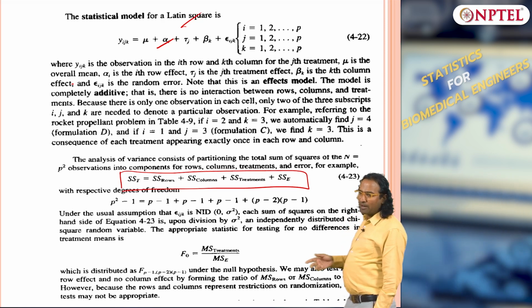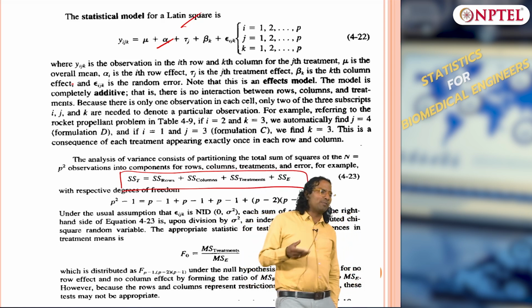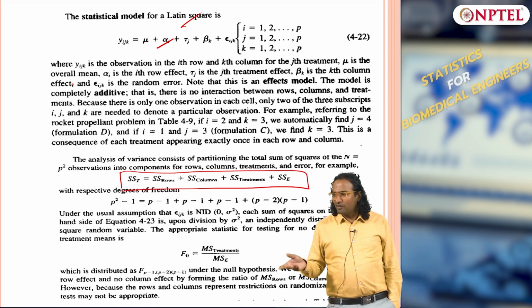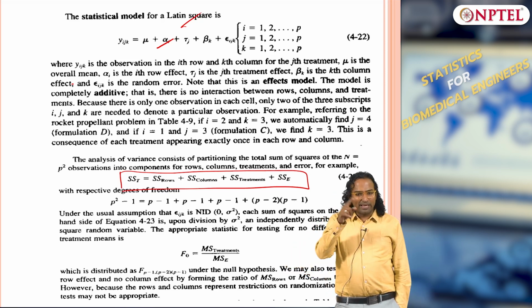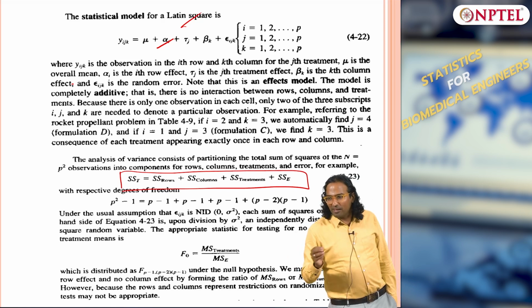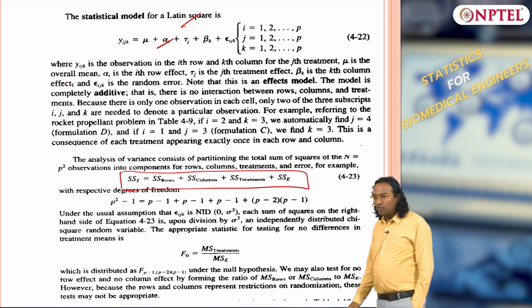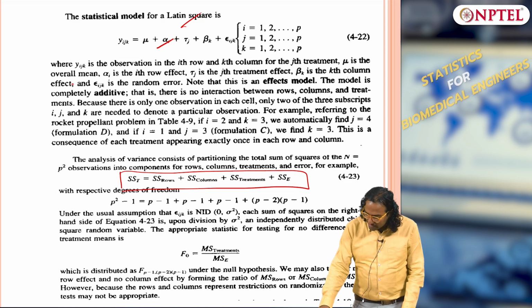So 3p parameters, so 3p plus 1, and that will also depend on the square design itself. If you take a 4 cross 4, it is going to be 13, for 5 cross 5 it is going to be 16, etc. The P is the size of the Latin square itself. So you have 3p plus 1 equations, and your F statistic is going to be again mean square treatment by mean squared error.